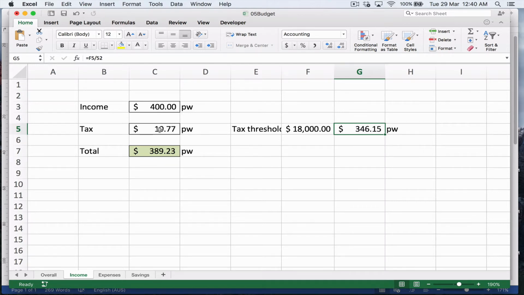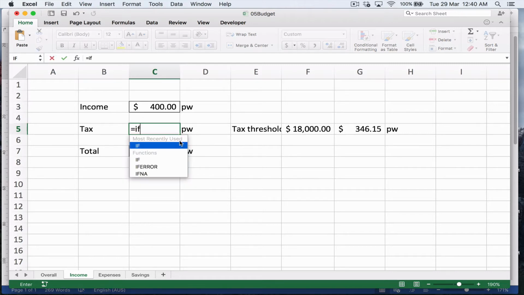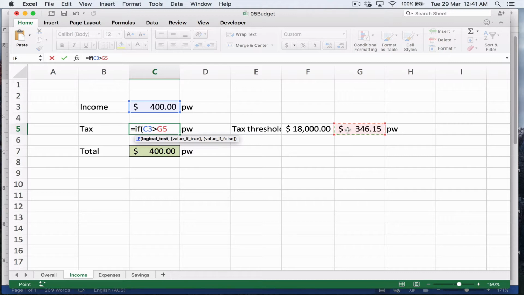So what I've done is we need to write down a statement here. So our statement is equals IF bracket, this here, whatever money this is, greater than this, comma.